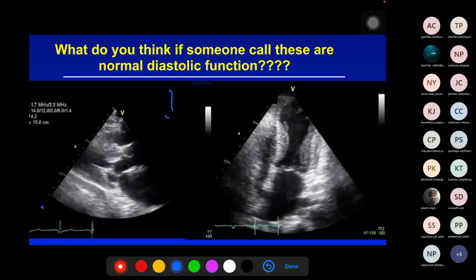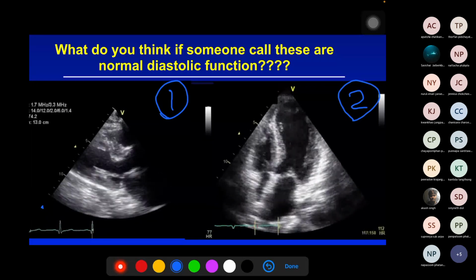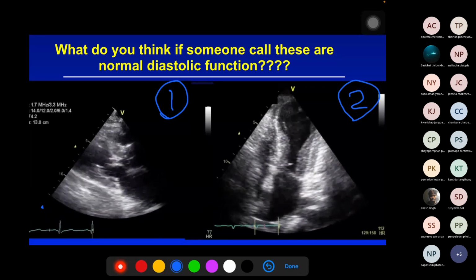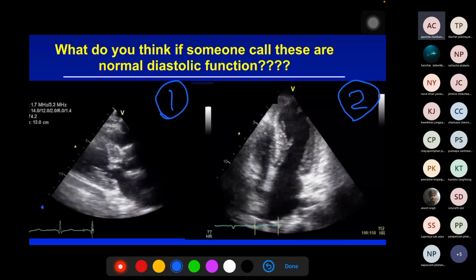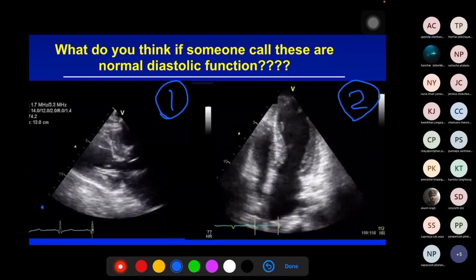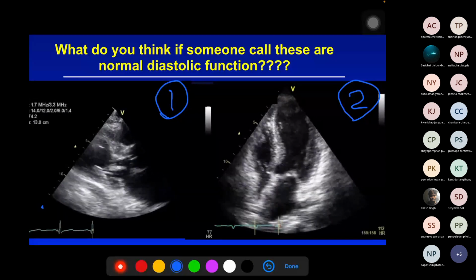Okay, this number 1 and number 2. If you guess, which one would have diastolic dysfunction?